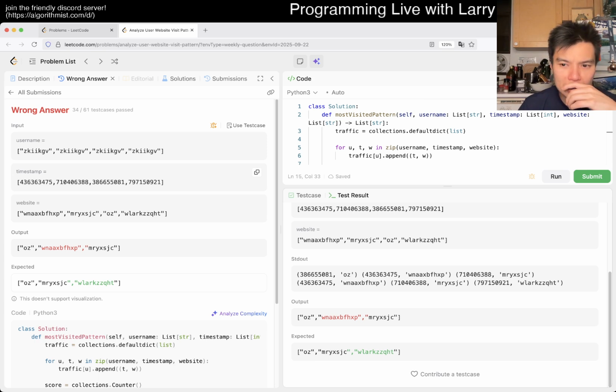Oh, I see. Actually, this is one thing that I wasn't clear about when I was reading this, whether it needs to be 3 consecutive ones or, in this case, it's bam, bam, bam. That's actually annoying. Okay, so I mean, it's fine.